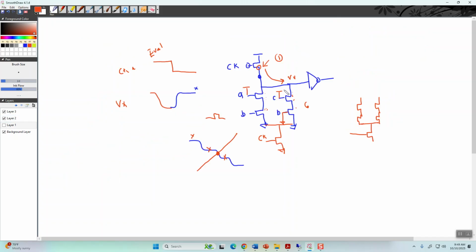So just from a regular thing, this logic style reduces area, reduces these drain capacitances, which can reduce the power.